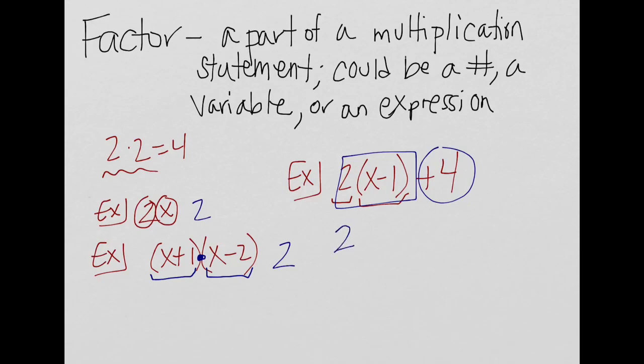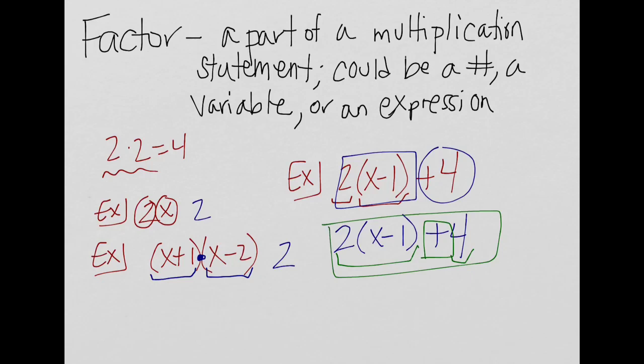However, we have the whole thing, 2(x minus 1), being added to 4. So right now, the understood operation, the overlying operation in this expression is the addition. We've got this whole thing plus 4. So right now, there are no factors in this whole expression, but if you break it down and say, like we were talking about before, maybe we're just looking at the first term in the expression, then we have factors.